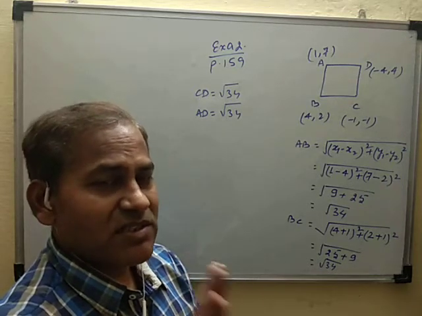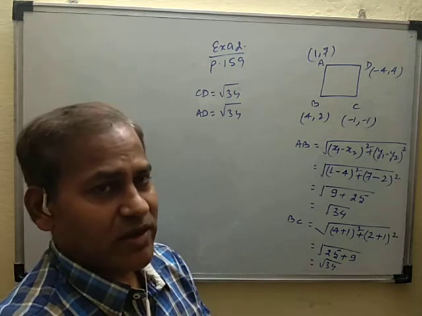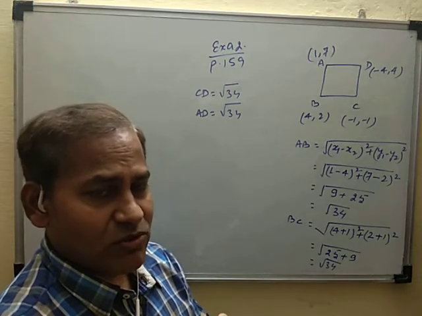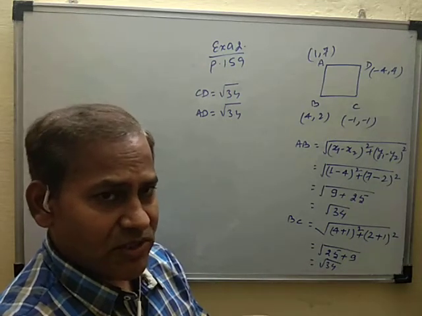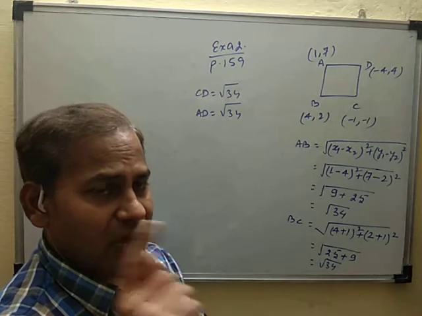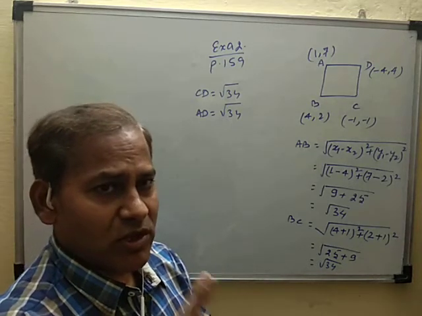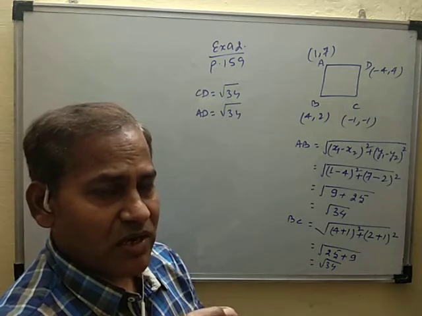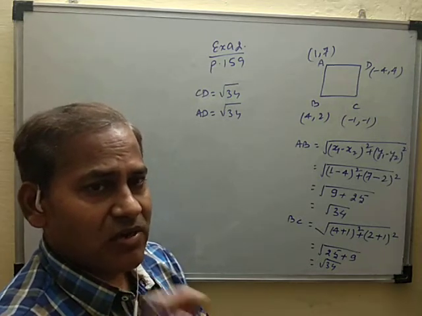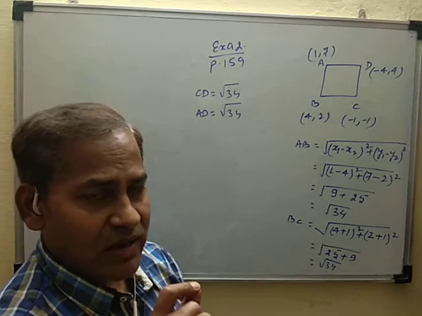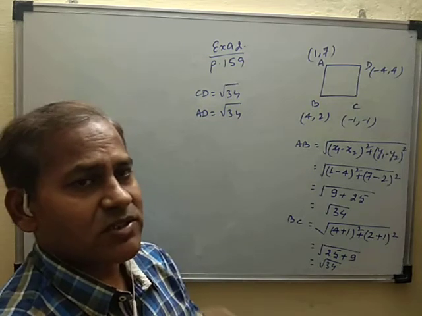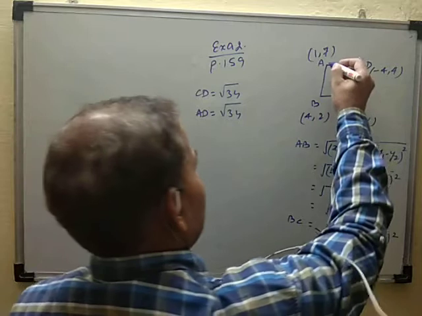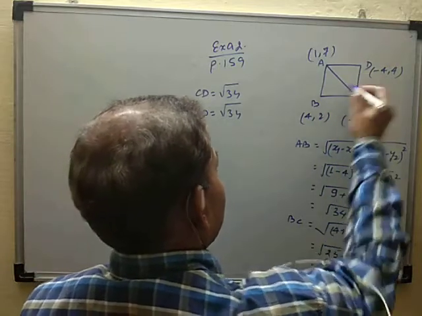It is not necessary that ABCD is a square. So for a square we have to show that all sides are equal and diagonals are equal. You can note this. Now find the length of the diagonal, that is AC.